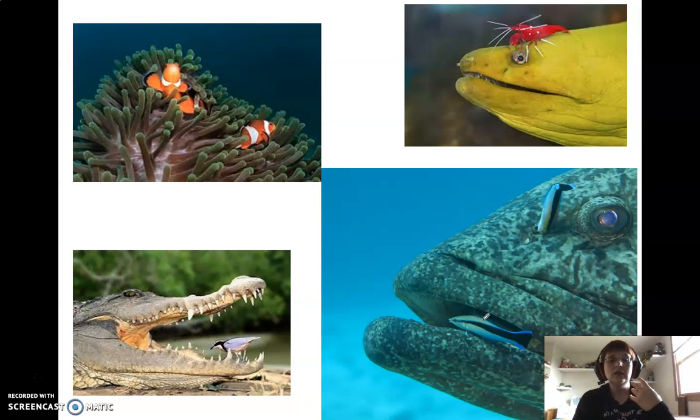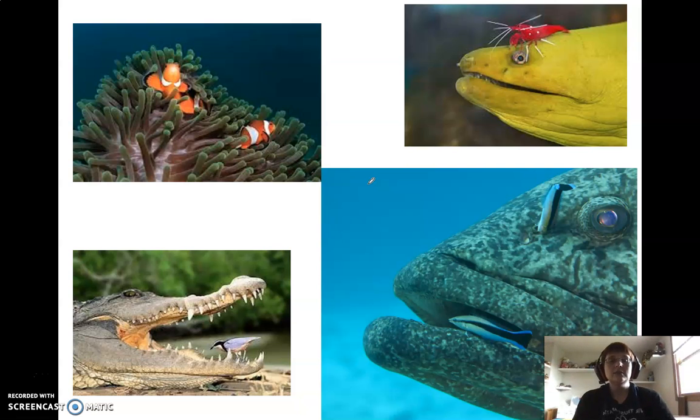So the grouper, the eel, the crocodile, they get the benefit of getting that cleaning, kind of like us going to the dentist. And the cleaner bird, the wrasse, and the shrimp get the benefit of getting food.